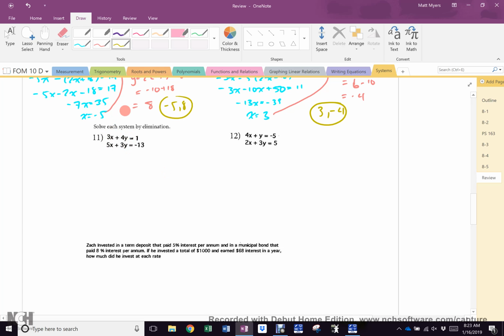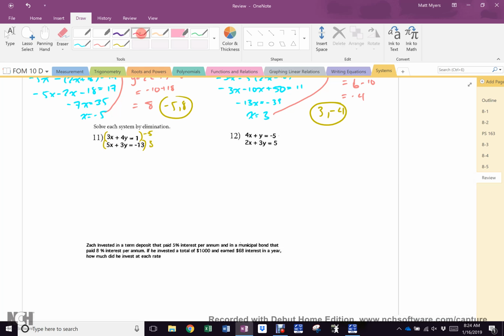All right? But I do recommend, because many of you screw up subtracting negatives, that you get them to be opposite signs so you can just add. Understand what I am saying? So, depending on what you want to get rid of, that tells you what you're going to do. But the steps or the concepts are the same. If you are trying to get rid of the x's, you're going to multiply this guy by negative 5 and this guy by 3.